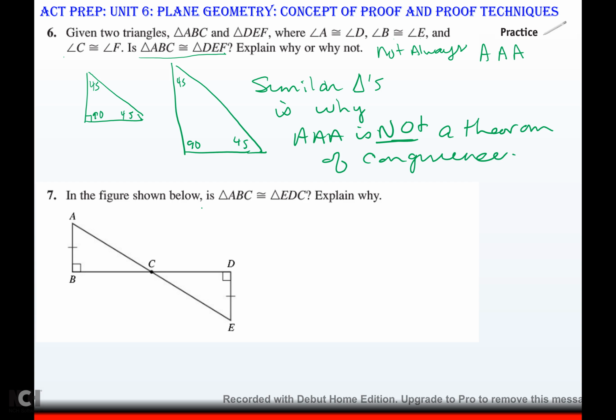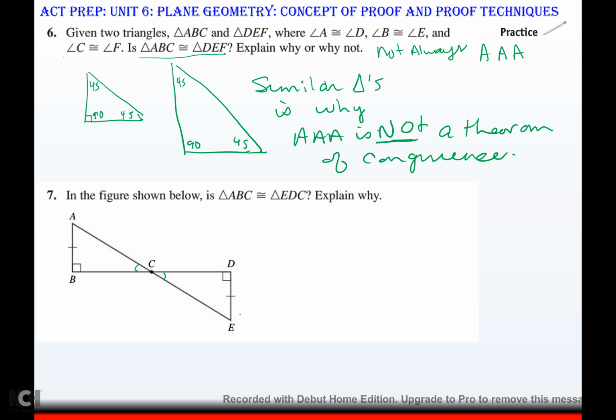Alright, 7. In the figure below, triangle ABC is congruent to triangle EDC. Explain why. Well, what I could say is that angle C equals angle C. Okay?